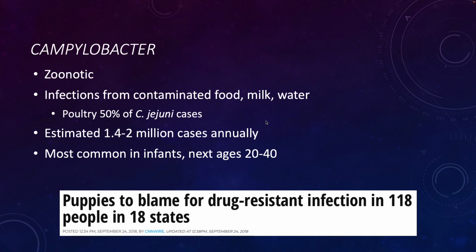And then it can be associated with animals. Unfortunately, puppies were to blame for a drug-resistant infection in 118 people in 18 states. I think this was associated with a chain of pet stores.